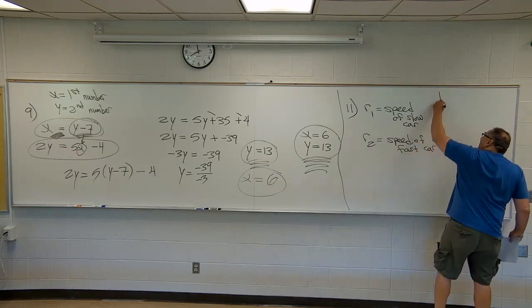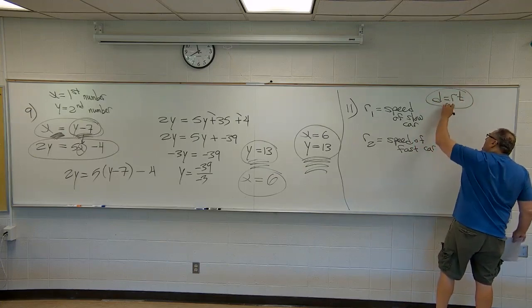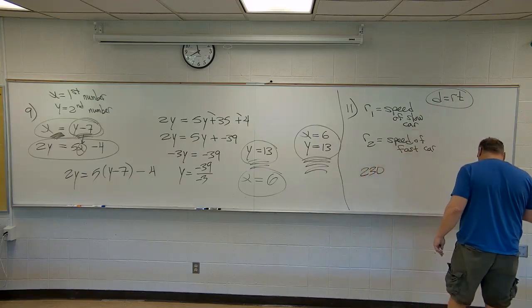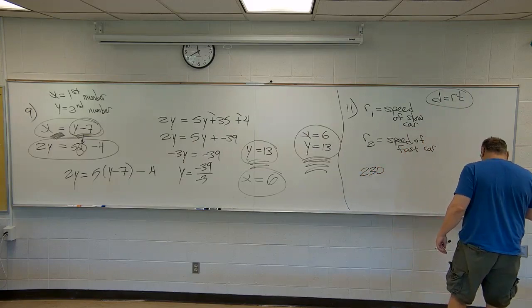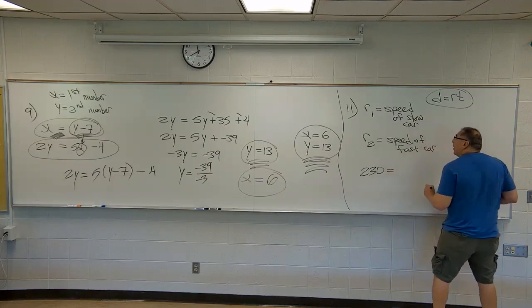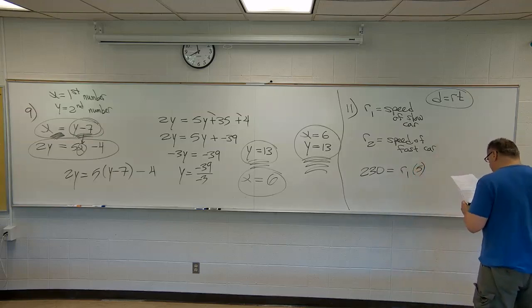Is it true that distance equals rate times time? Rate of speed times time will give you distance. The slow car went 230 miles going at speed R1 for 5 hours.